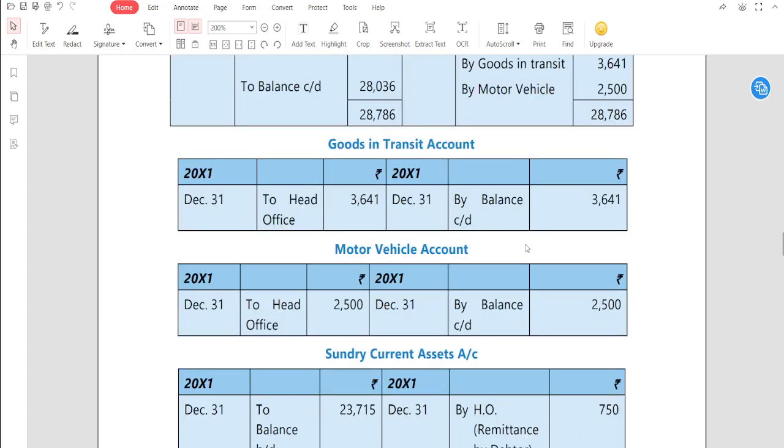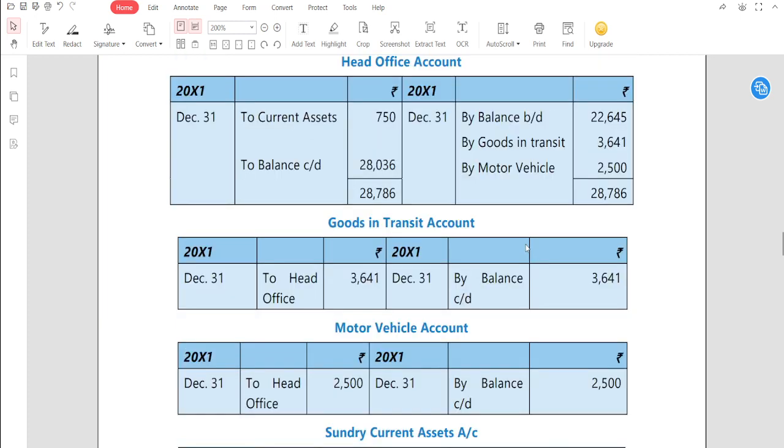Achha, now I think no such entries are pending at all. So now if you close the HO account, you are going to find 28,036. That is the balance. And if you close the goods in transit account, you are going to find the balance of 3641. Perfect. And motor vehicle account, no entries required. So the closing balance will be 2500 because the asset is there, depreciation toh charge nahi hua hai.